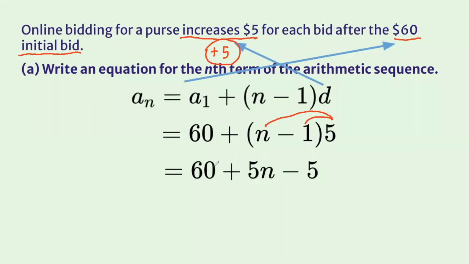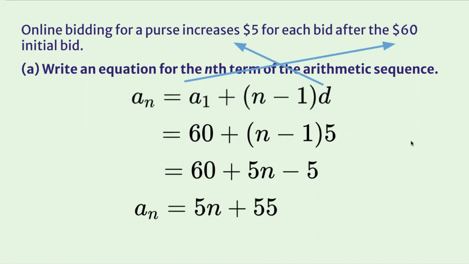And further simplify, 60 minus 5 would give you 5n plus 55. And so your final equation for the nth term of the arithmetic sequence is a sub n equals 5n plus 55. And again, with this equation, you can go ahead and find any term in any position for your arithmetic sequence.